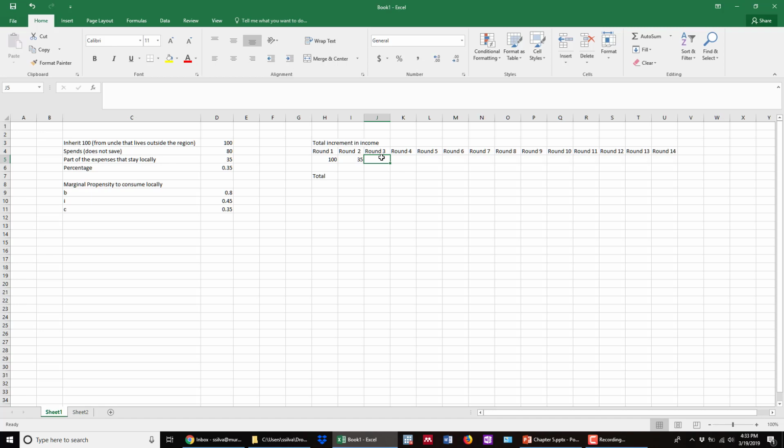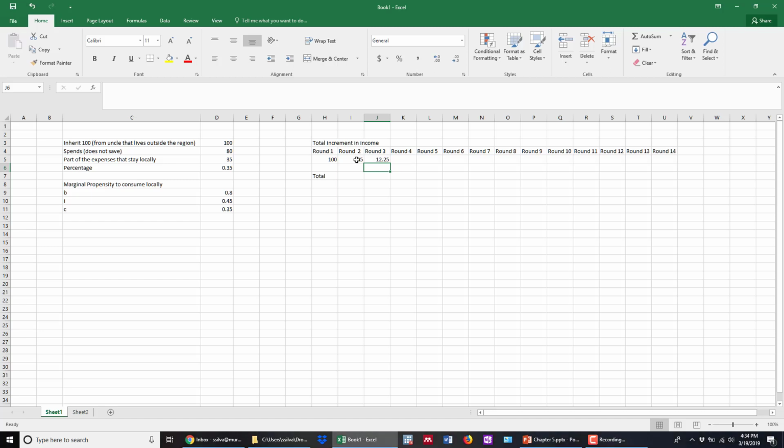So that's going to end up in somebody else's pocket, in the example, the owner of the candy store. So plus 35% times 35, that's 12.25. That money was the extra income of the owner of the bookstore that was spent locally, and it became income of the owner of the bakery.